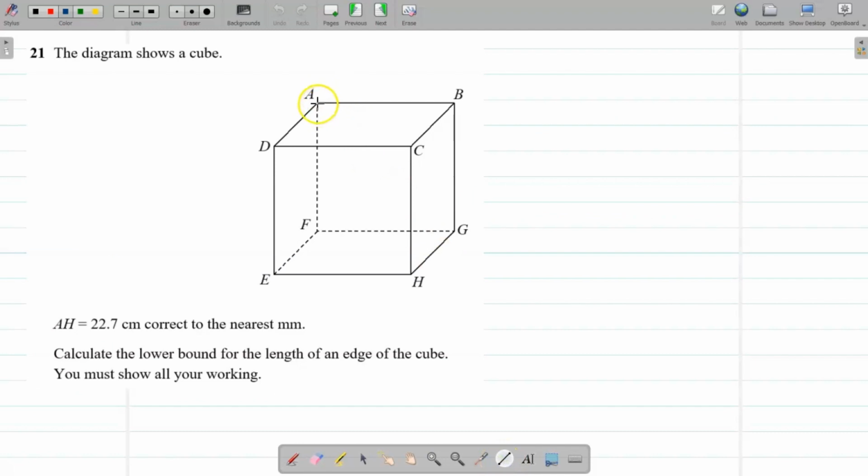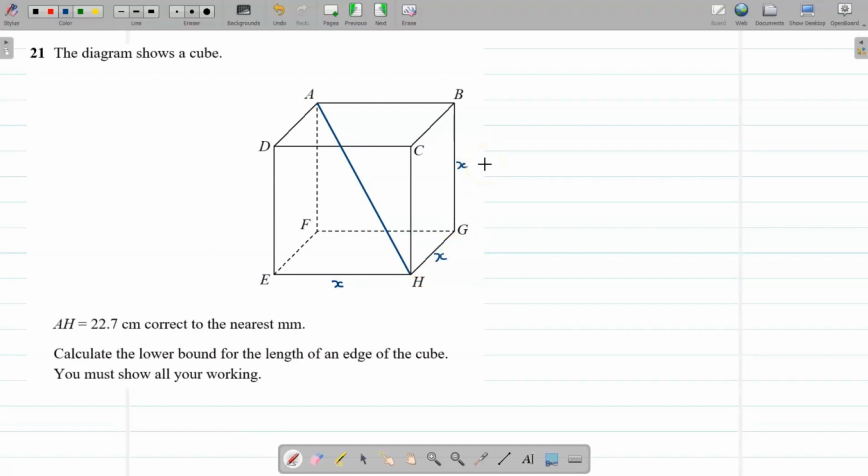Now, this is a 3D Pythagoras problem, really. You're told that the length of the diagonal through the middle of that cube, from A to H, is 22.7 to the nearest millimeter. We've got to calculate the lower bound of the length of the edge. They're all x, like that.